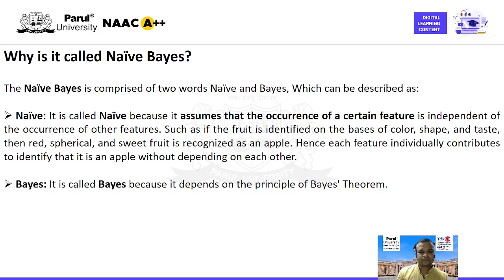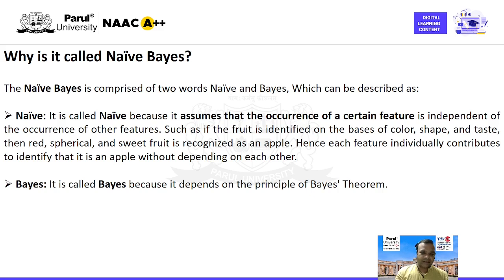For example, if a fruit is identified on the basis of color, shape, and taste, then a red, spherical, and sweet fruit is recognized as an apple. Hence, each feature individually contributes to identifying it as an apple without depending on the other features. So that is the concept.